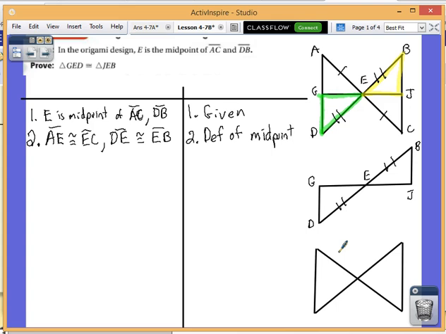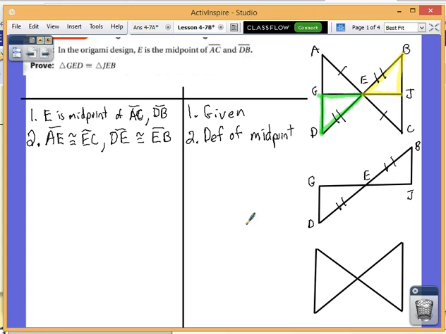So if it says prove, and it's a CPCTC, you have to prove the triangles first? You have to have in your statements somewhere that two triangles are congruent before you can ever use a CPCTC. Absolutely. Good point to illustrate there.